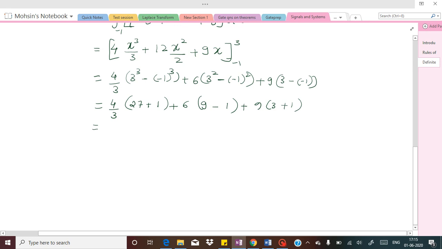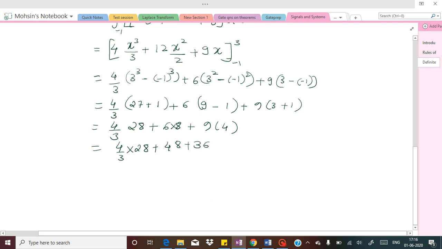Okay, so again simplifying this, 4 divided by 3 is, here 27 plus 1 is 28, then 6 times 9 minus 1 is 8, plus 9 times 4, so it is going to be 4 divided by 3 times 28 plus 48 plus 36.